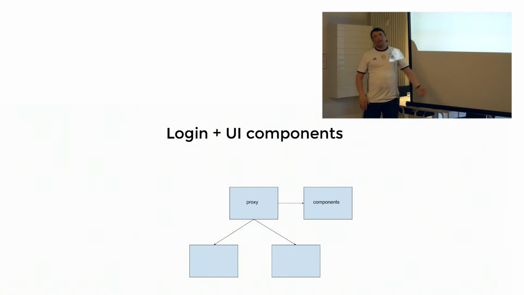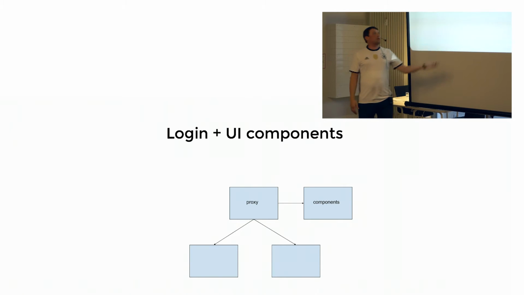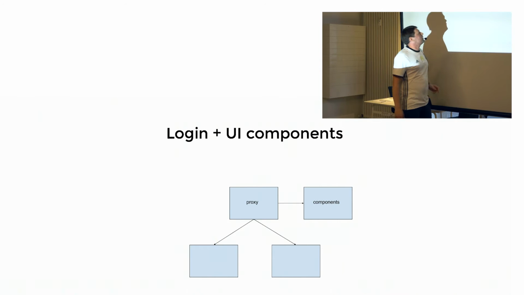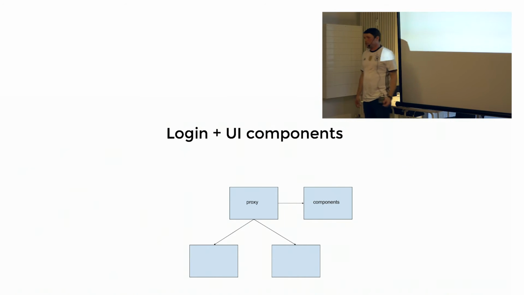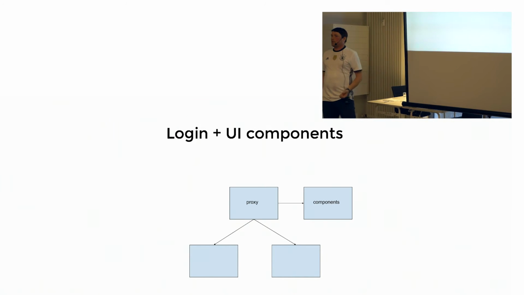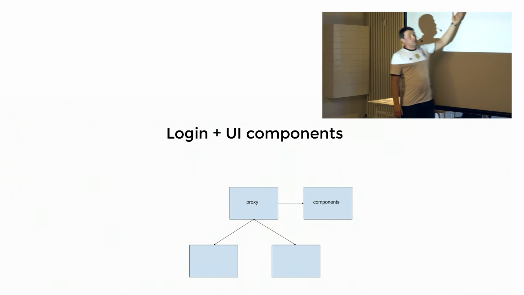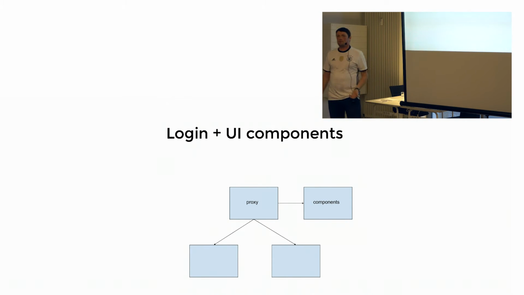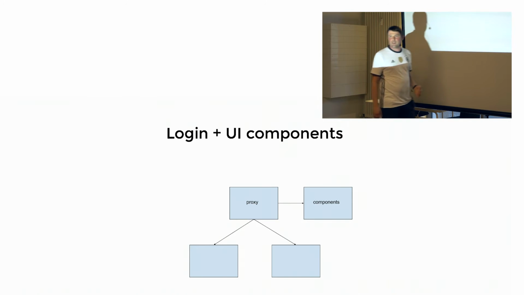If the user is logged in, it will forward the request with the logged-in user information to the web application. This is cool because nobody needs to implement authentication anymore. If you want to create a new web application, don't care about the login because it's already there. You just put it behind a proxy, login solved. Pretty nice. Speeds up everything.